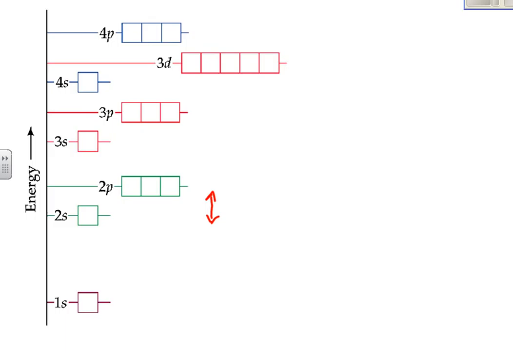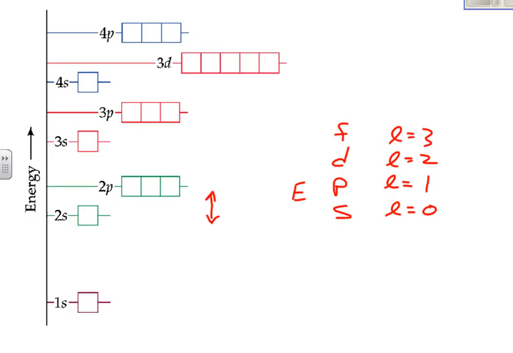Now you'll notice that they still follow the L values, if we remember that L value corresponds to the sublevel. In terms of energy, down at the low end, we still have our S, or L equals 0. A little bit higher up, we have our P's, or L equals 1, our D's, or L equals 2, and our F's, or L equals 3.